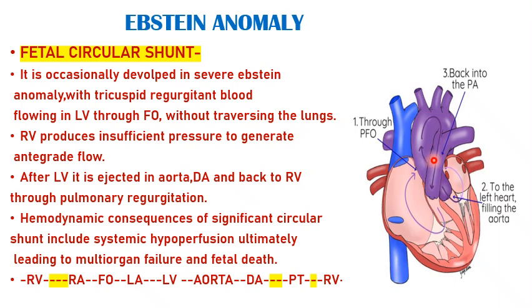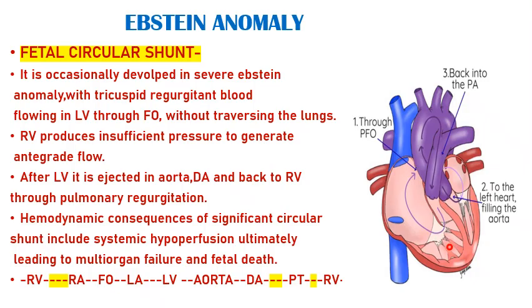From the aorta, it goes to the ductus arteriosus and back to the right ventricle through pulmonary regurgitation. Hemodynamic consequences of significant circular shunt include systemic hypoperfusion, ultimately leading to multi-organ failure and fetal death.